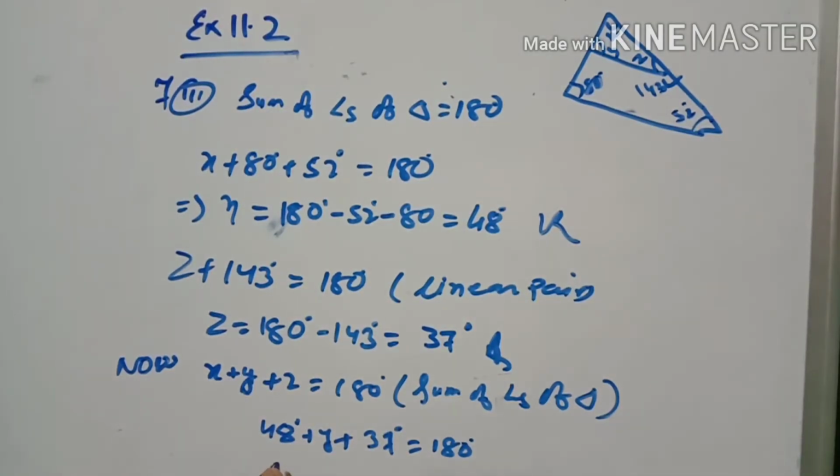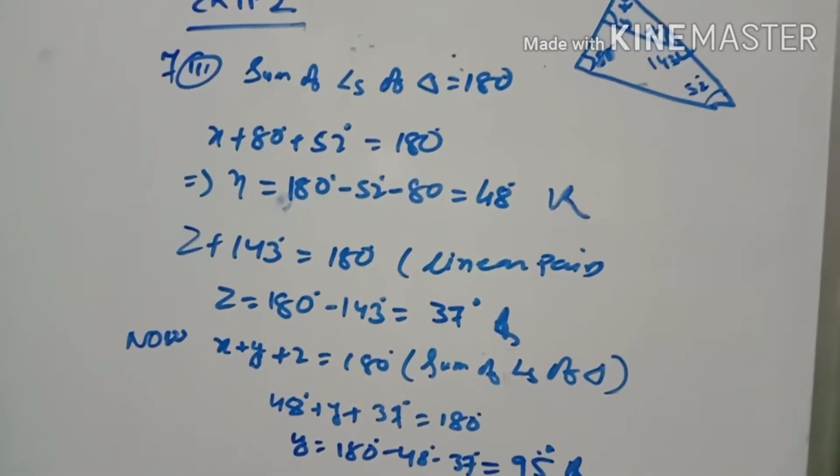So I can write y equal to 180 degree minus 48 degree minus 37 degree equal to 95 degree. This is your required answer. Write down please.